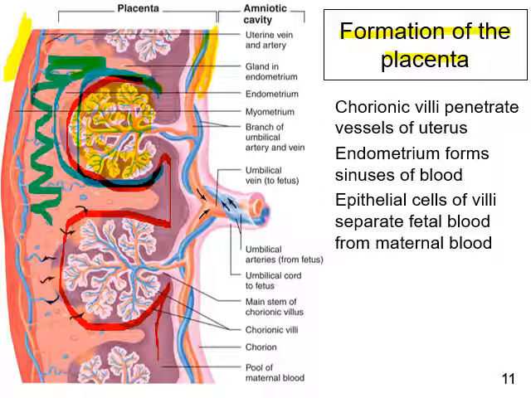The chorionic villi are the source of chorionic gonadotropin. And so these structures are important for nutrient exchange with the maternal blood.